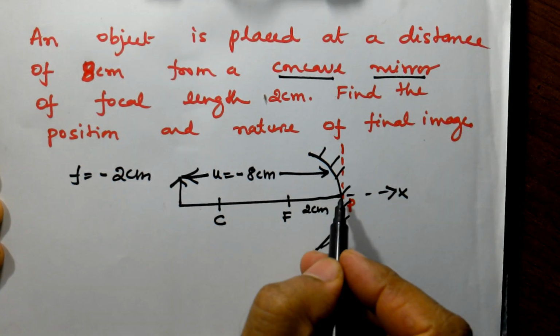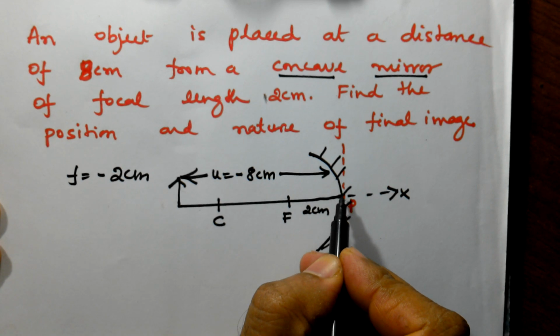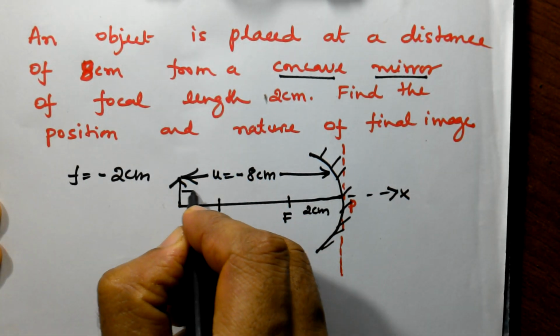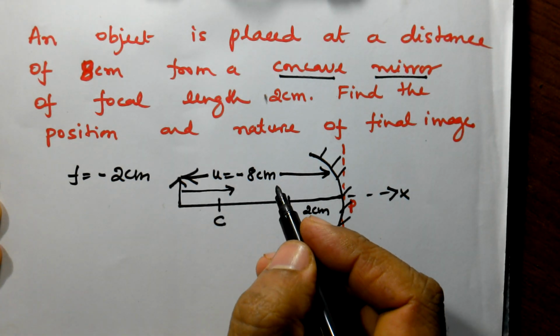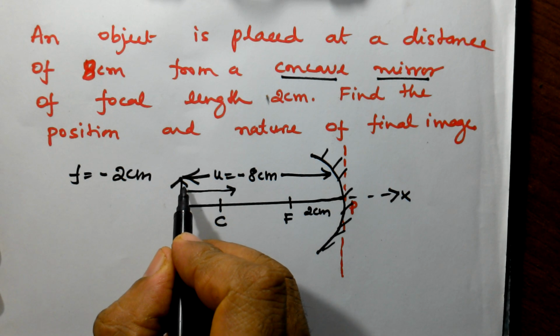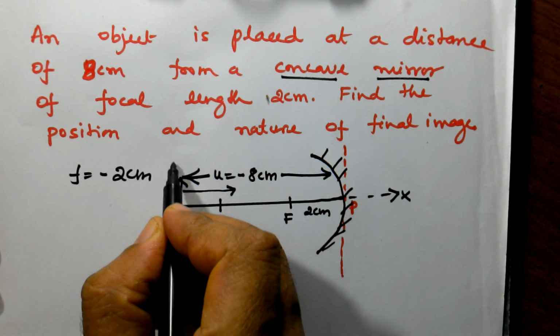If you keep the object here, you have to measure the object distance starting from the pole and walking towards this side, which is opposite to the direction of incident light from the object. Remember, light is always coming from the object. The light coming from the object and incident on the mirror must be taken. Sir, is there any ray of light going like this?